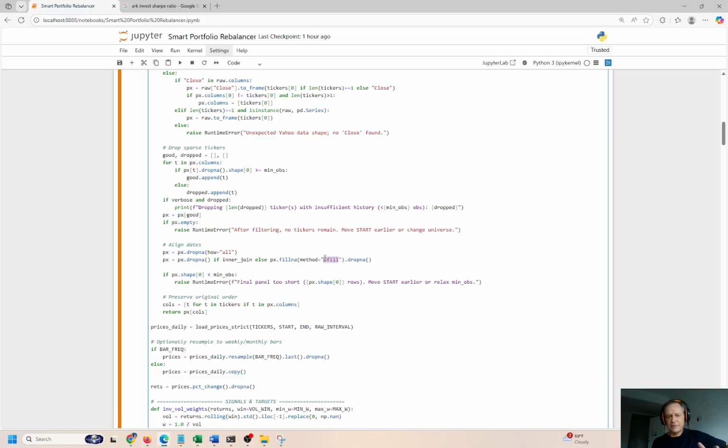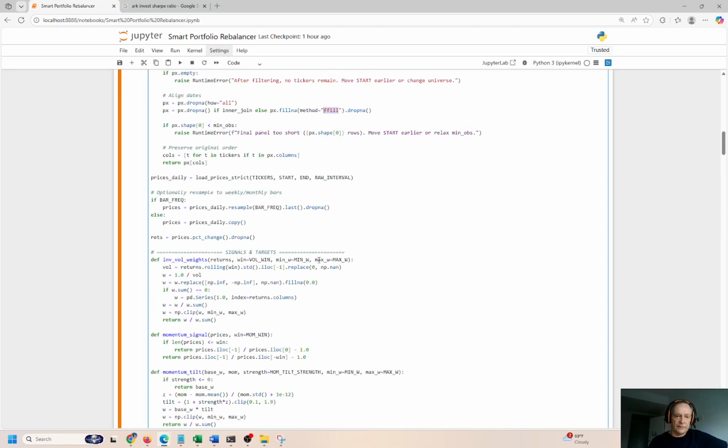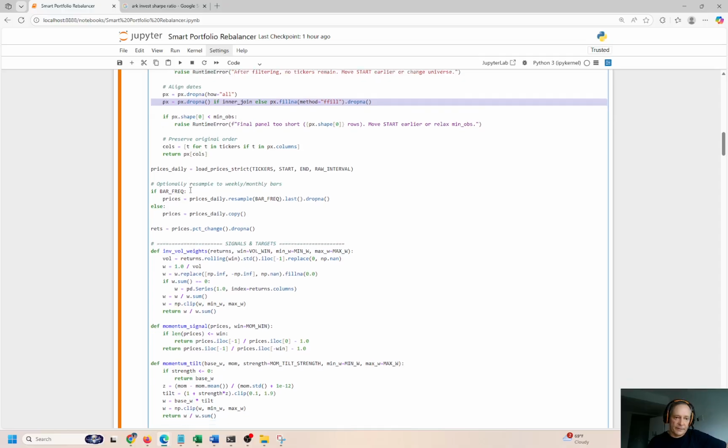I wouldn't expect any missing data, but if there is some weird freaky thing where there was a bad data point or something, it just gets forward filled. Okay, so I wouldn't expect any, certainly in this list of tickers, but who knows, there could be some weird anomaly that pops up. And if you start picking some tickers that don't have a deep history or that somehow could have missing data points, that's a nice feature to have, just to add that in. It's just a one-liner. I think it's nice to have that.